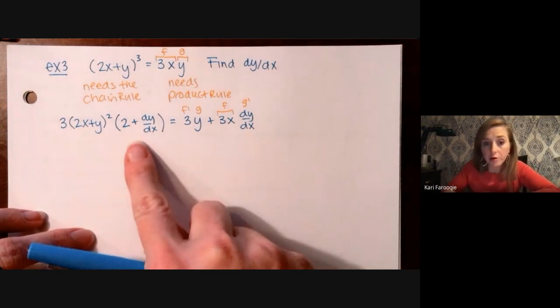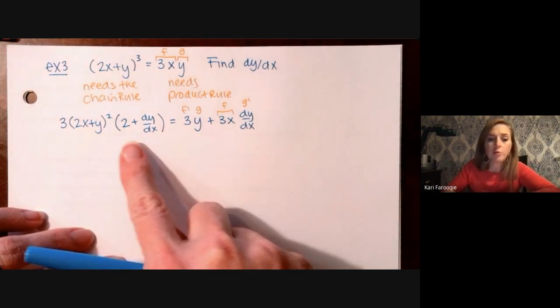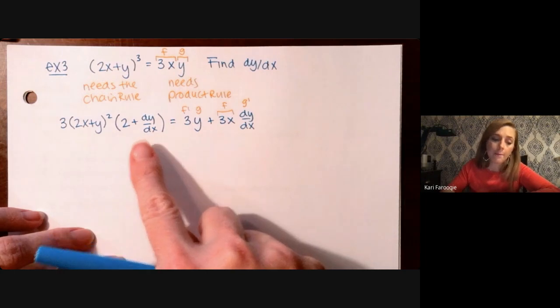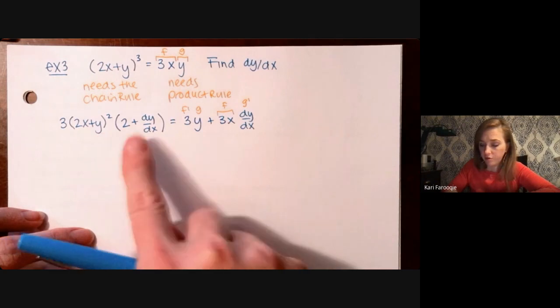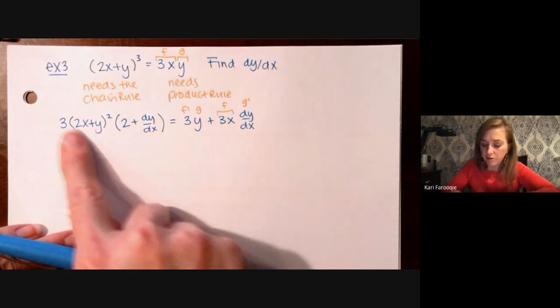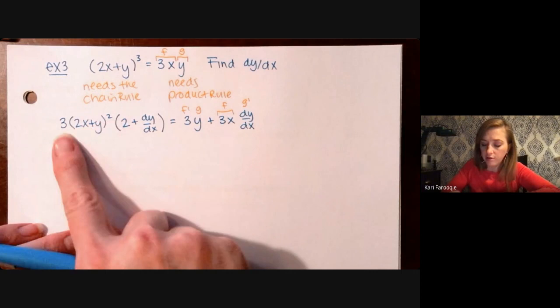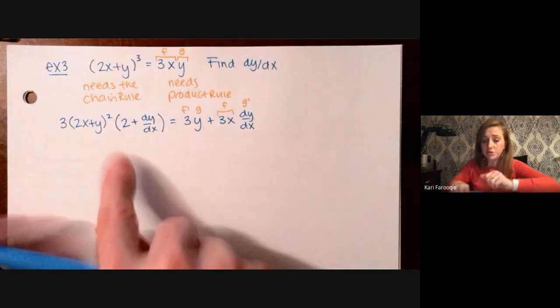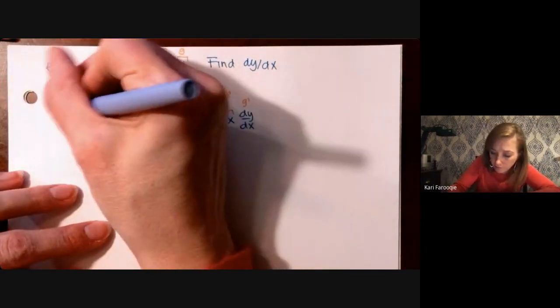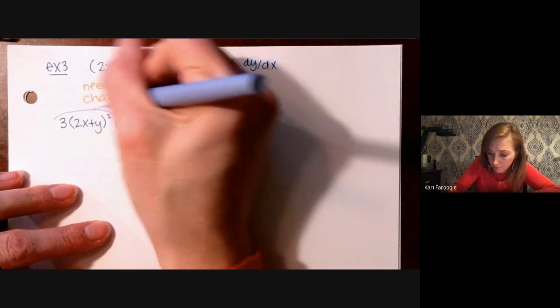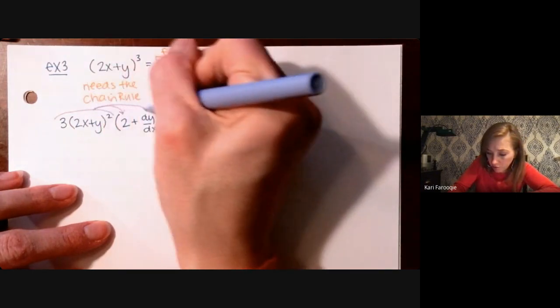Now, this one's a little bit harder to simplify. I find that students tend to have a little bit of a harder time doing this one. My suggestion is to just distribute into this expression. So this 3 times (2x plus y) squared, I think about that as just being one quantity. And what you're going to do is take that one quantity and just distribute it in. So it's like I'm taking this expression and I'm distributing it into the parentheses.